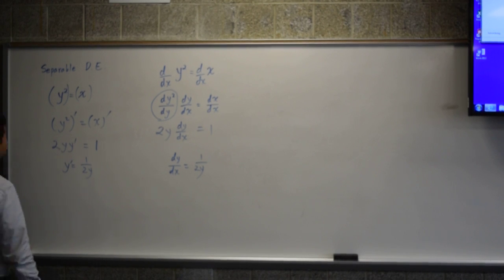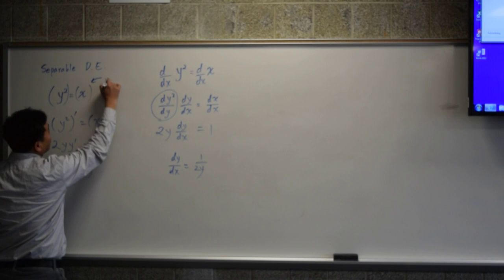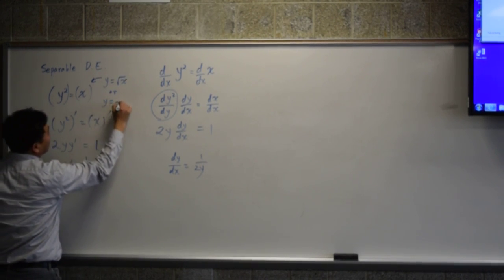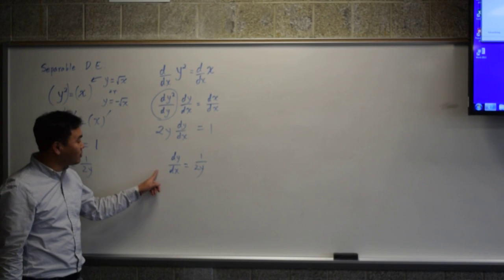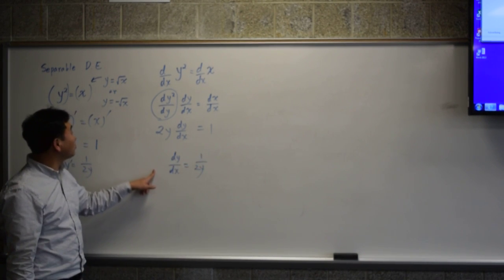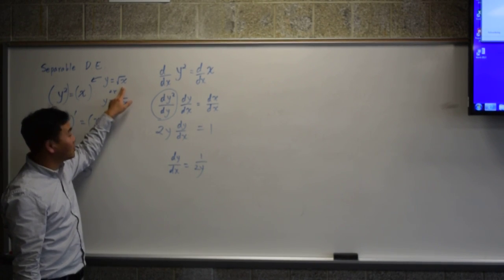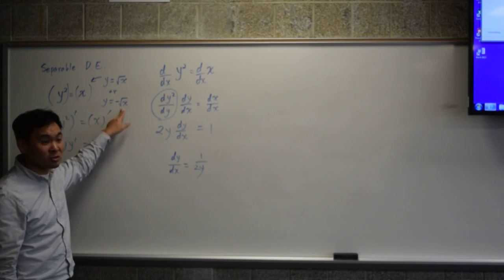And since this is equivalent to saying that y is equal to square root of x or y equals negative square root of x, what you have here is a differential equation whose solution contains square root of x and also negative square root of x. Either one of these should be a solution.